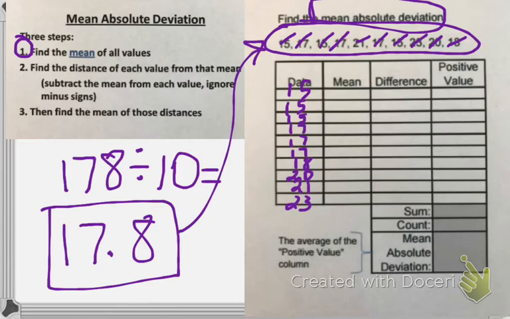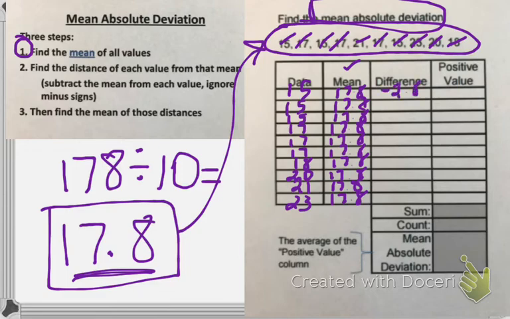Then we have already figured out the mean for the data, so you're just going to write the mean, 17.8, over and over throughout this whole column. Then we're going to find the difference. I know this is easy, but get out your calculator, punch in 15 minus 17.8, and fill in the difference.